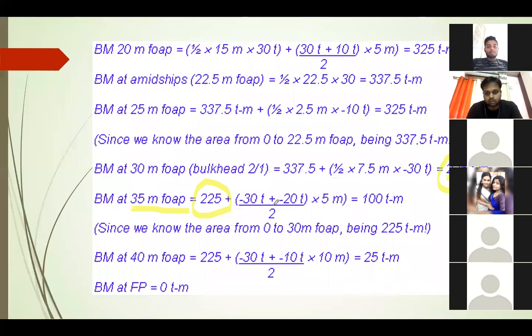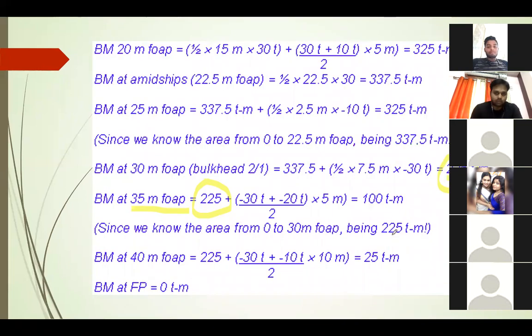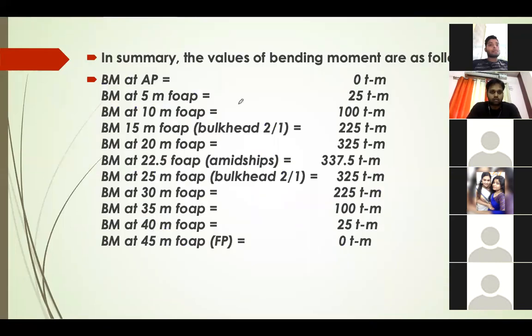So minus 30 on both sides, this will be minus 30 and this will be minus 20, into 5 meters, which will give me 100 ton meter. In the same fashion, if you calculate for 35 and next 40, these will be your values.